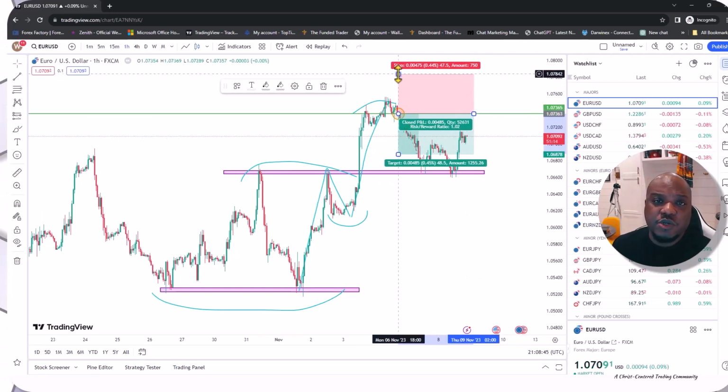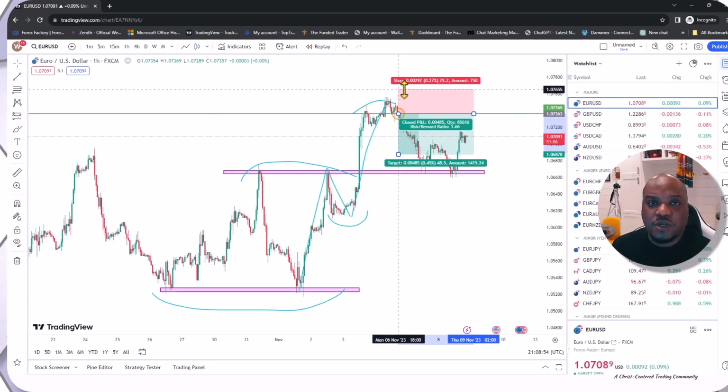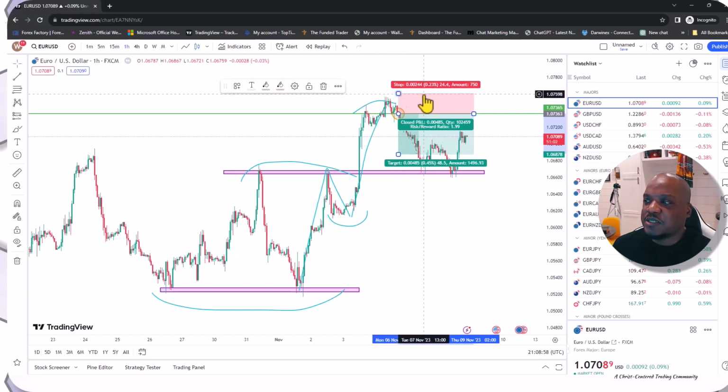Then what we can do on MT5 is say that if price goes against us and pushes in the opposite direction, we want it to take us out of the trade at a certain point. We usually call this a stop loss. This red area, once price goes past it, will automatically take us out of the trade, so that we can control the amount of loss that we have.